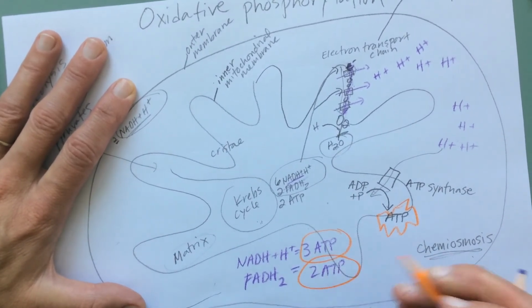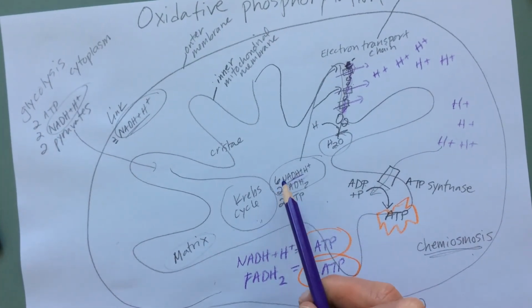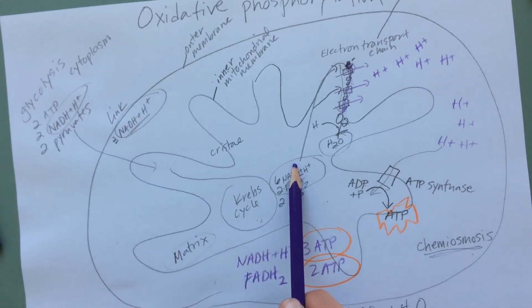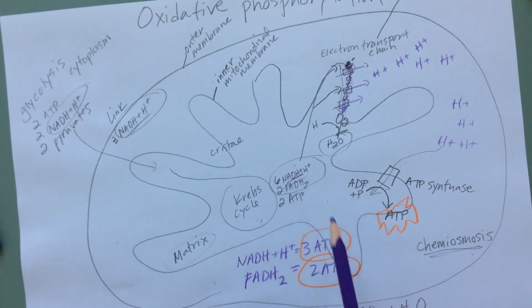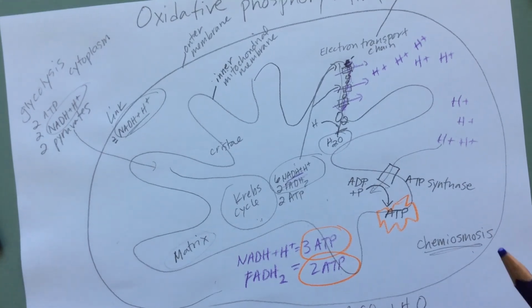Okay? So in the end, you can take all of your NADHs and multiply that by 3, and your FADH2s, multiply that by 2, and that's how many of the ATPs you're going to get in the end. And essentially, it turns out to be 32 or 34.